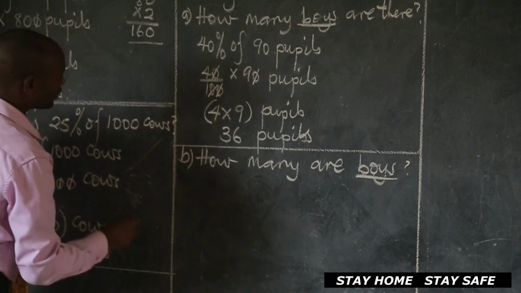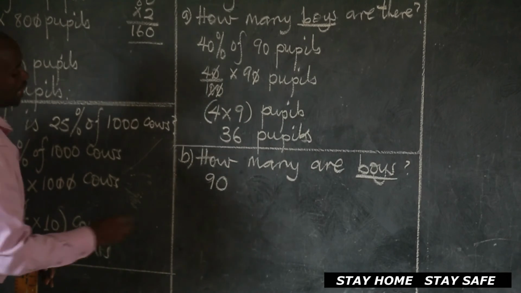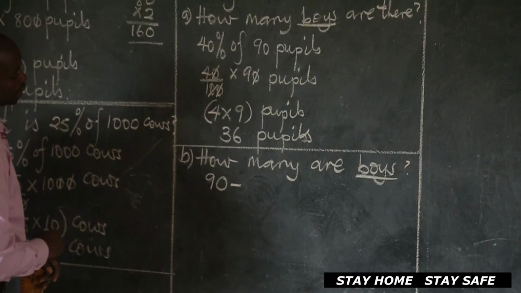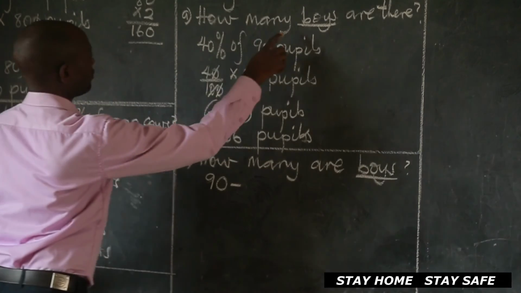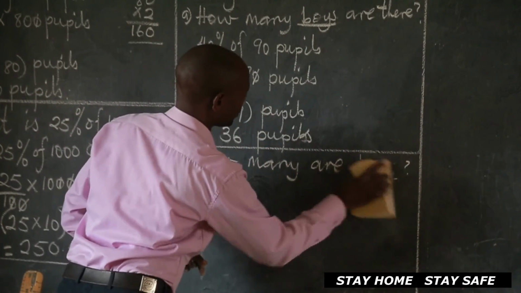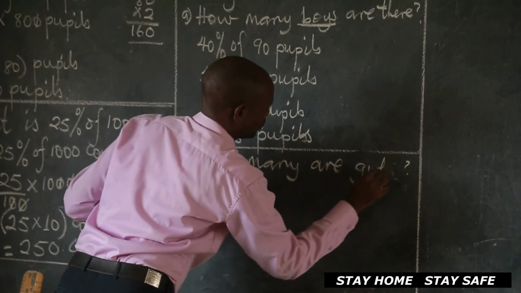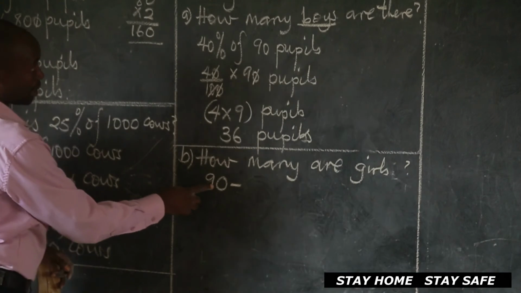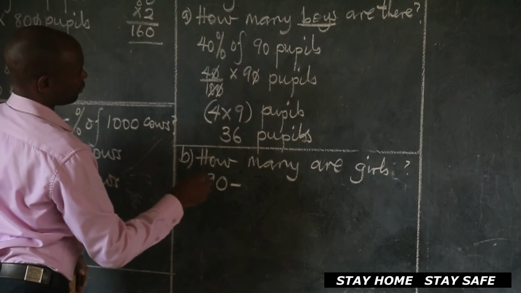How? If the class has 90 pupils, and we are taking away the number of boys. So we can get the total number of children in class. Then you take away the number of boys.